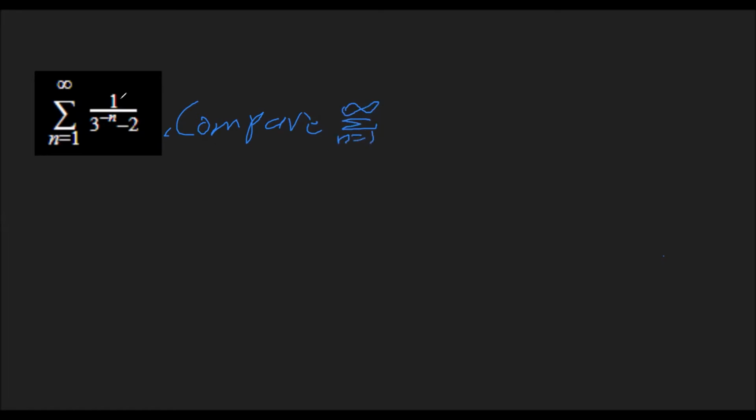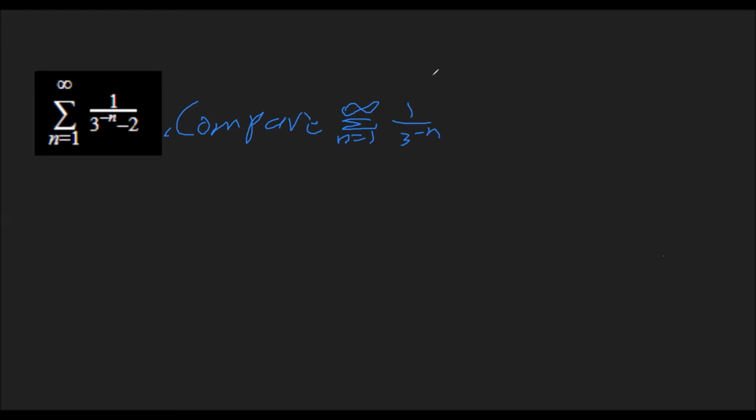Let's get rid of the 2, like I said earlier. It's going to make it easier on ourselves. And since we're adding to the denominator, we are lowering the function. So this function is greater than this function.